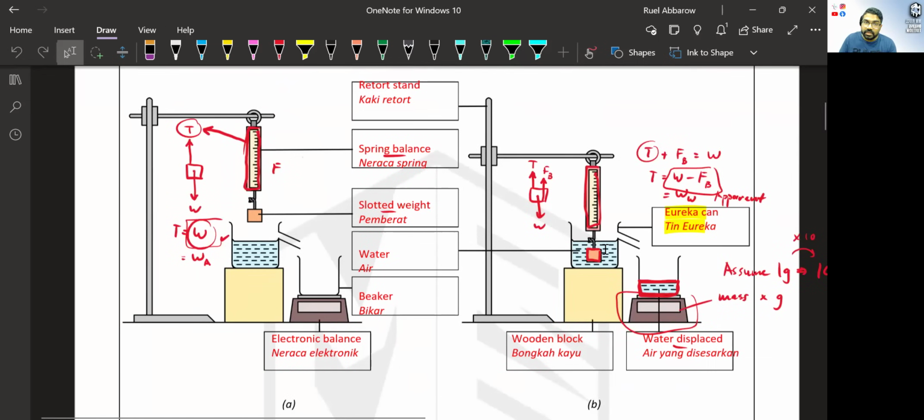Okay, to be safe, because I'm not sure what the requirement of the mark scheme would be on this one. We have not been tested on this before, right? So to be safe, just draw both. By right, you could just draw one and then you could explain the steps where you immerse later on. So by right, one should be enough, but just in case, just do both, right?